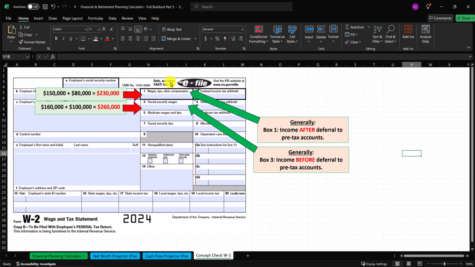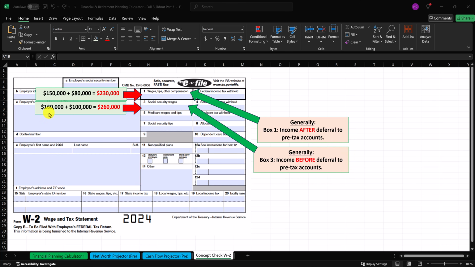Okay, so we're in the concept check, and what we want to compare for this example is what is the difference between what shows up in box 1 of a W-2 versus what shows up in box 3 of a W-2. So if we go over here, generally speaking, box 1 is income after the deferral to pre-tax accounts, whereas box 3 is generally income before the deferral to pre-tax accounts.